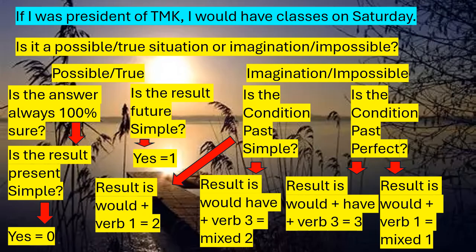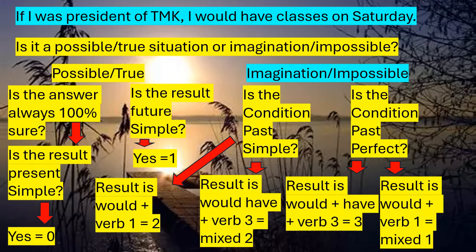Now we're going to look at a couple of examples. First one, if I was president of TMK, I would have classes on Saturday. So, first question, is it a possible true situation, or is it imagination and impossible? And the answer is, it's imagination or impossible.